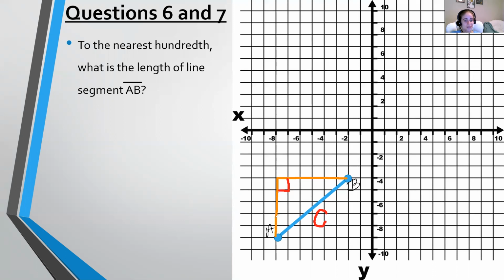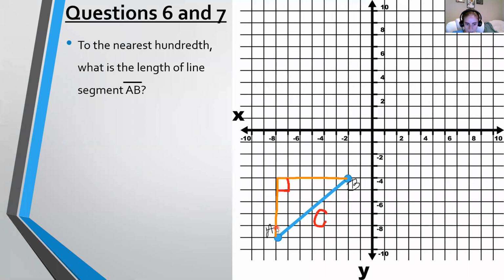Yes, you do. You have a graph. You have a nice grid that counts by ones. And because it's a straight line, it's not a diagonal, can you count the length? I bet you can. All right. Oh, let me get my spotlight again so you guys can see me counting.